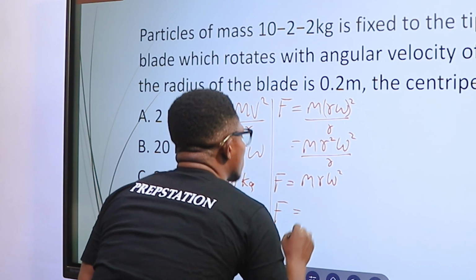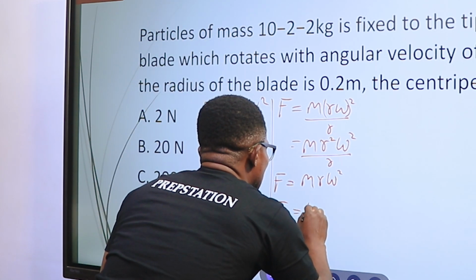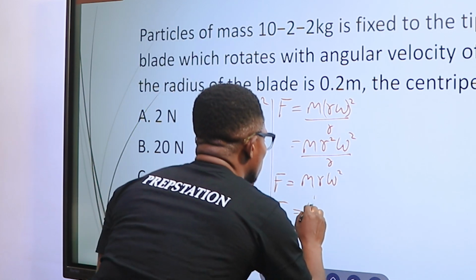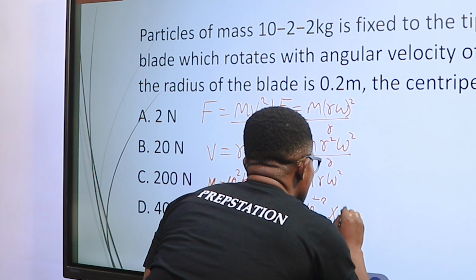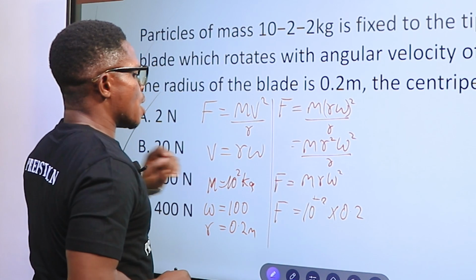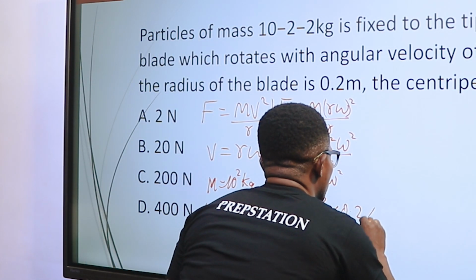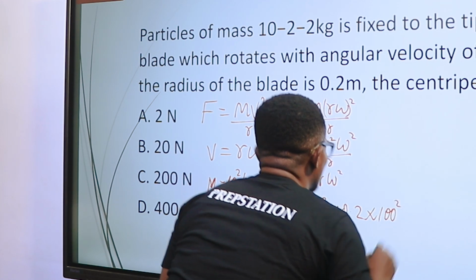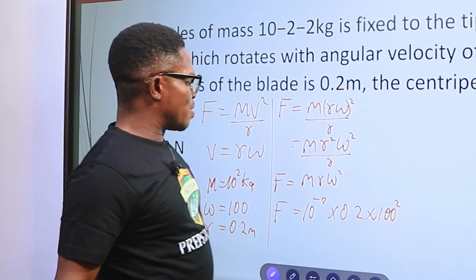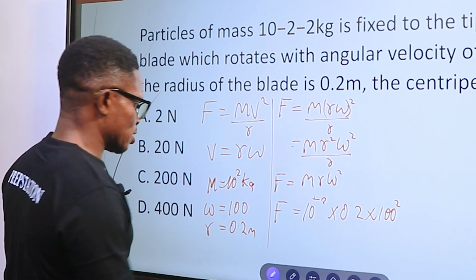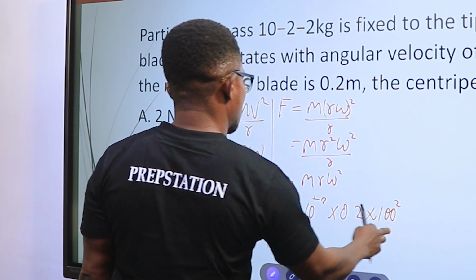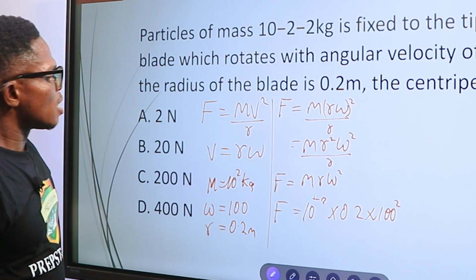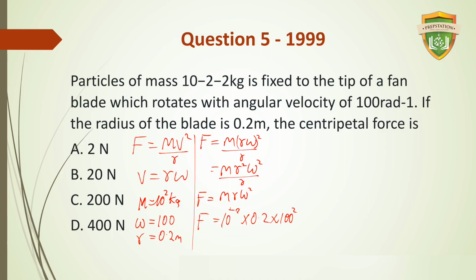So F will be equal to, what is the mass? 10 raised to power minus 2 kilogram times, what is r? 0.2. And then what is omega? 100. So that will be 100 squared. So if you play with all of this, of course, this is 10 raised to power 2. Okay, this is 10 raised to power 2. And then to go with this, cancel out, then I'm left with 0.2.